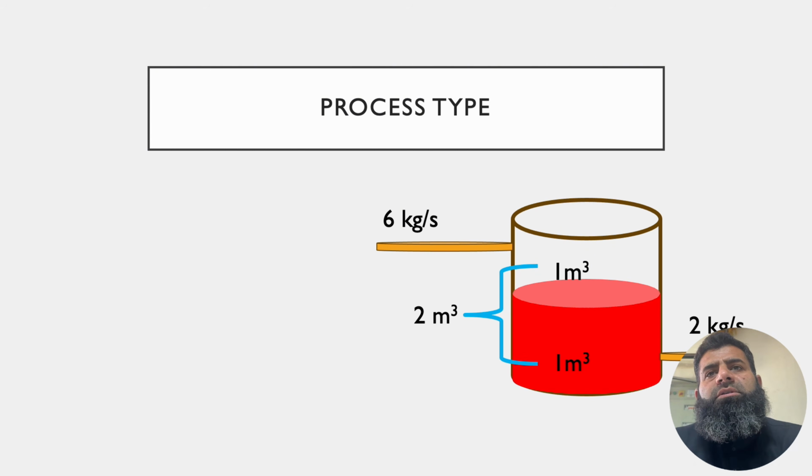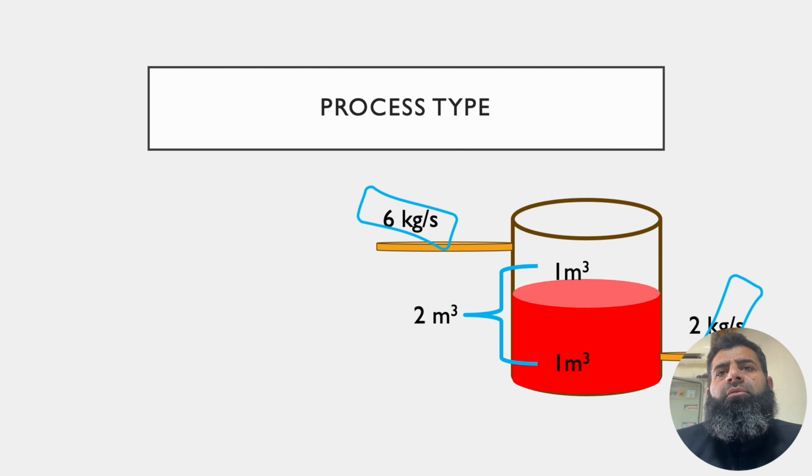So the first question is, what is the process type? How are we going to identify it? We have studied 3 process types: batch, continuous, and semi-batch. As we know the properties of these 3 types, we have to identify from the given data what the process type is.